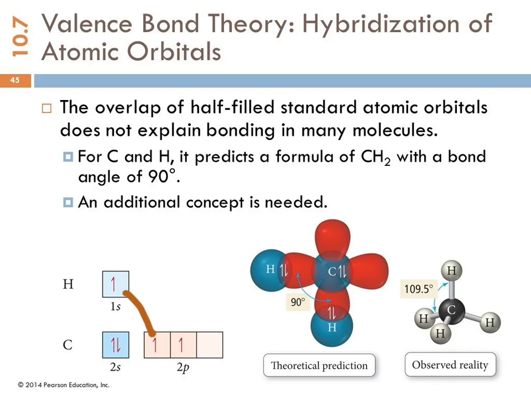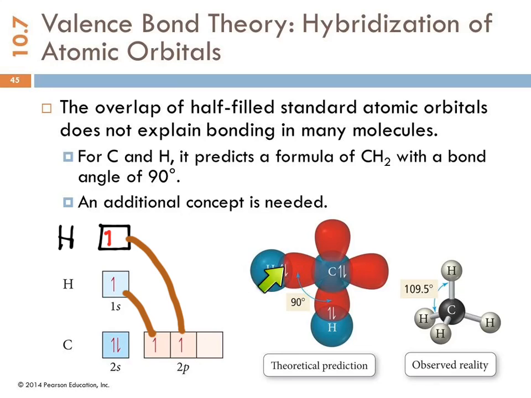And then there's one more electron. So that would be like another hydrogen atom, right? And that could overlap with this one. You see what I'm doing? Taking half-filled orbitals and overlapping them and seeing what happens.